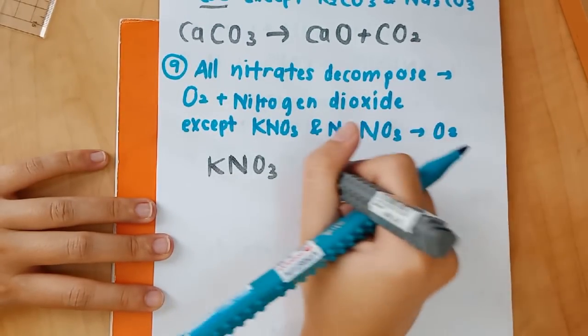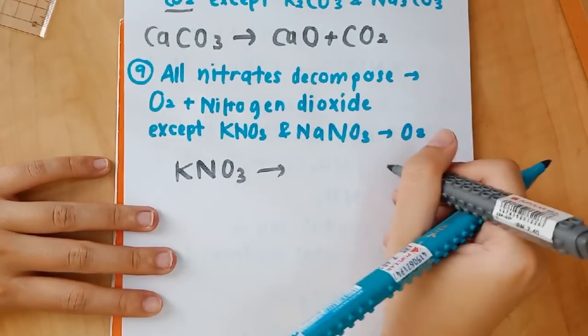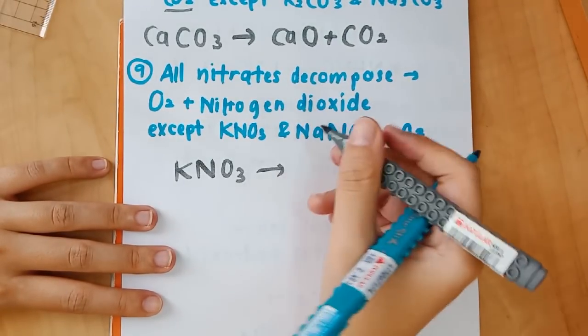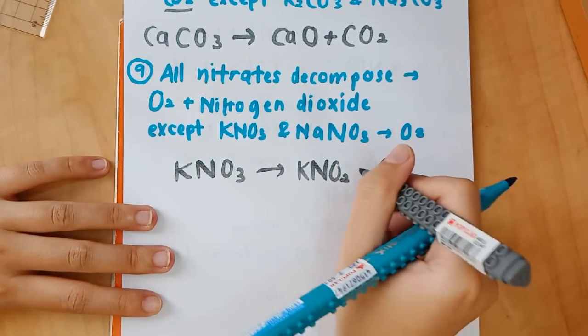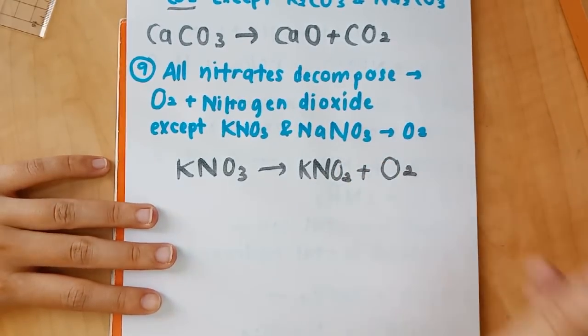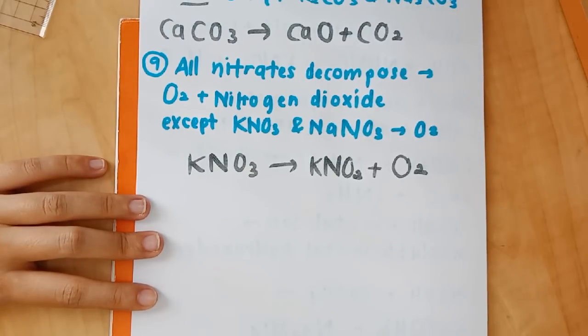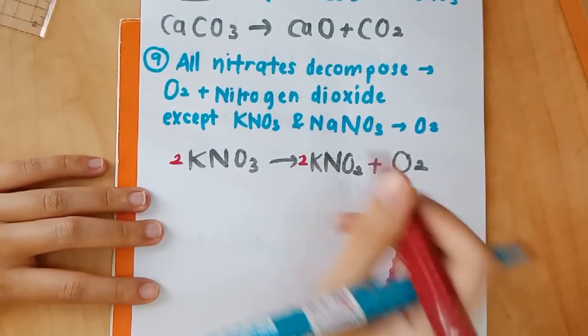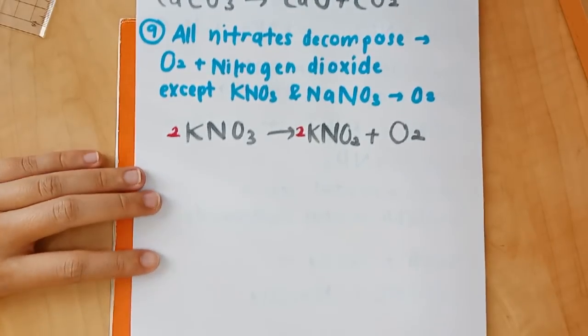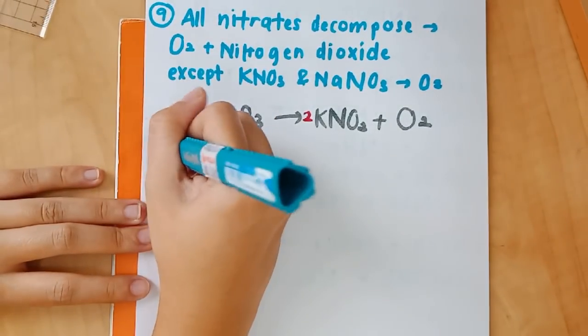KNO3, and then arrow, and then I write the product down, oxygen. And what is left after oxygen is taken out? It is simply KNO2. And so I have to balance this chemical equation because it is not balanced. And then we'll move on to number 10.